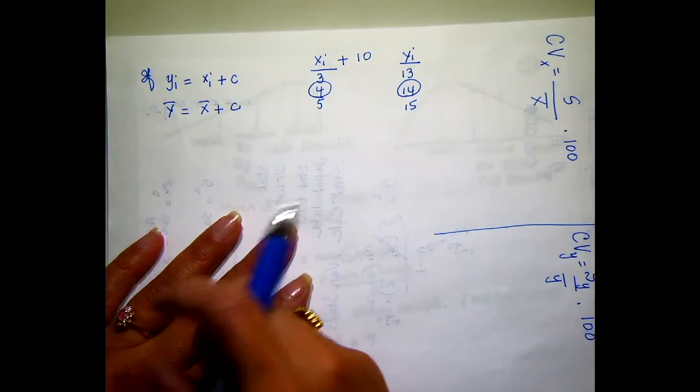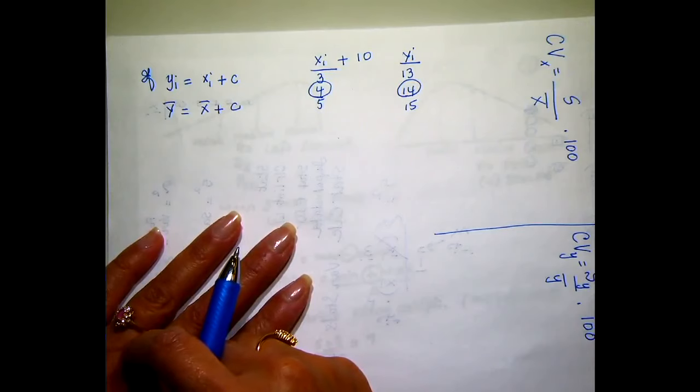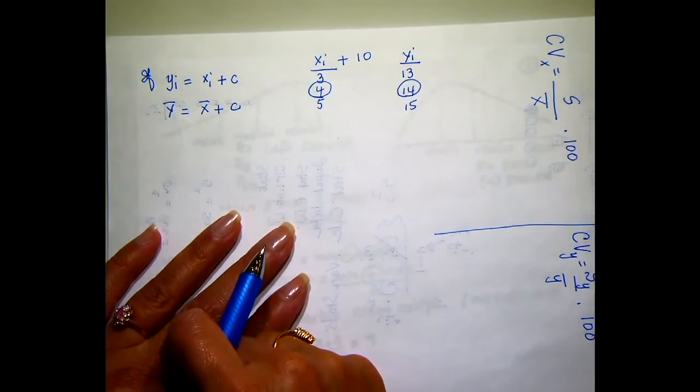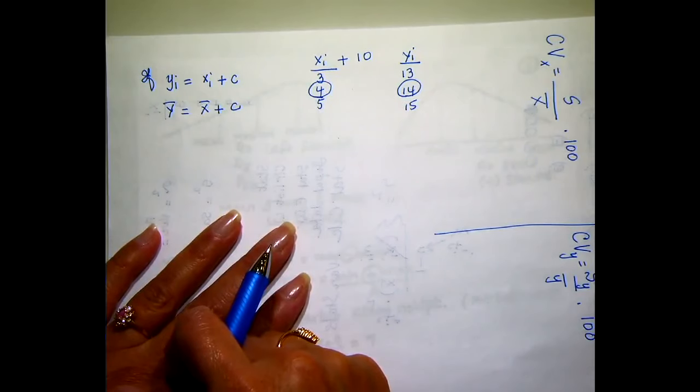Well, one way you can do it is stick it in your calculator and find the standard deviation of 3, 4, and 5, and then in another list stick in 13, 14, and 15, and let me know what happens. A second option is to think about it. What do you think?